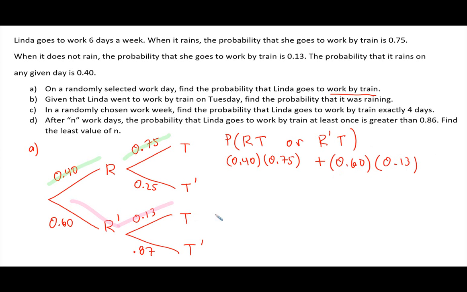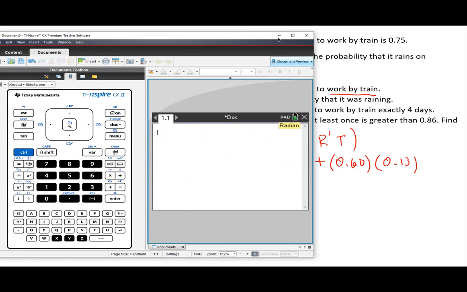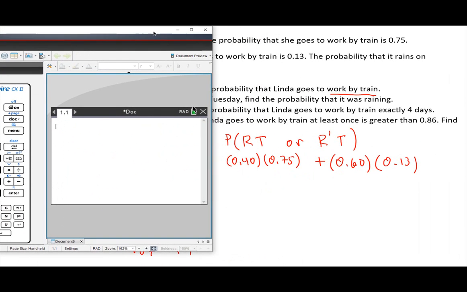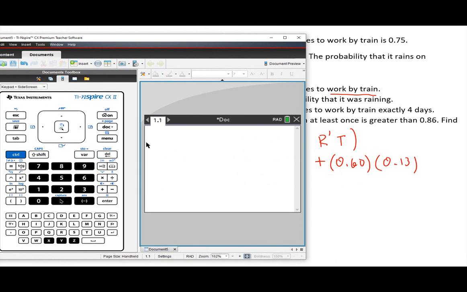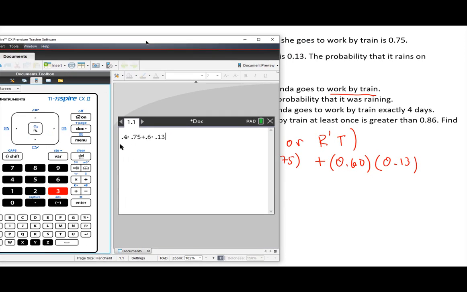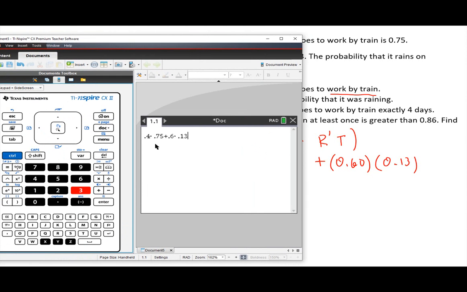So if we calculate this using our Inspire, let's calculate the values. 0.40 times 0.75 plus 0.60 times 0.13.